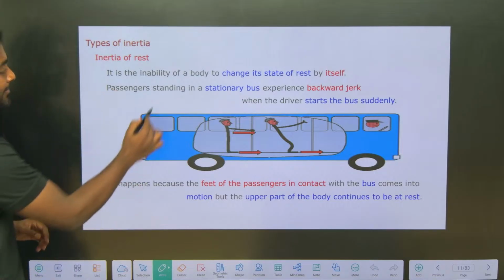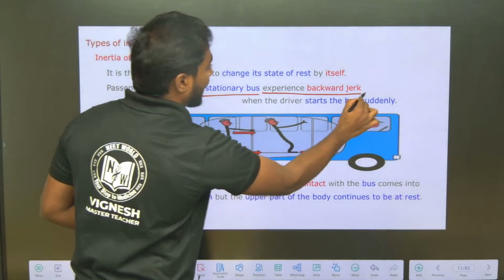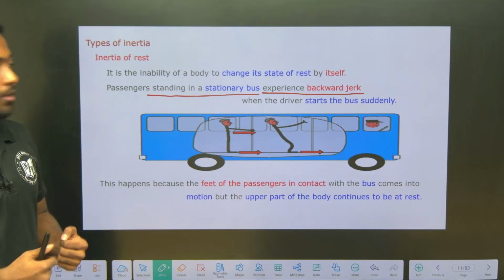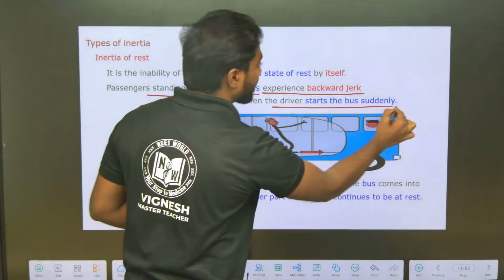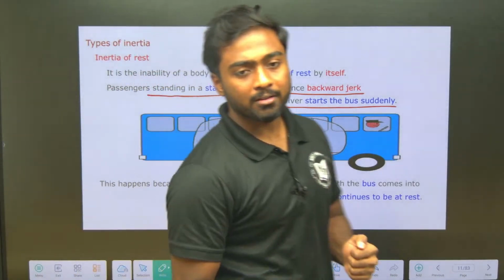See here, a passenger standing in a stationary bus experiences a backward jerk. Why does he experience a backward jerk? When the driver starts the bus suddenly. Have you ever experienced this when you are sitting in a bus?